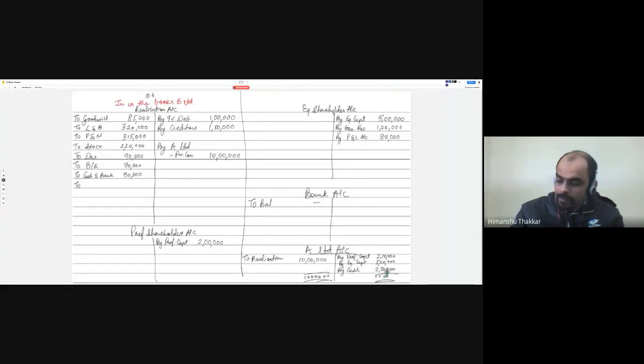Close it. 10 lakhs. Now transfer these entries into respective accounts. So to A Limited in bank account, right? A Limited 2,50,000. In preference shares, you write to A Limited 2,50,000.